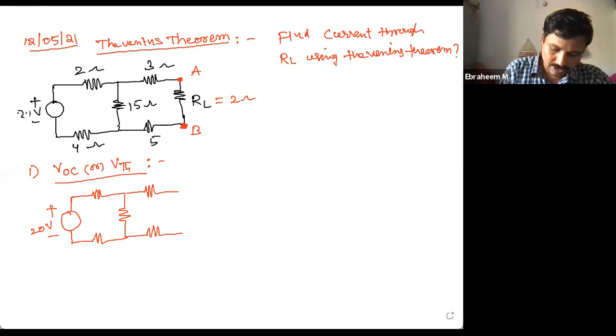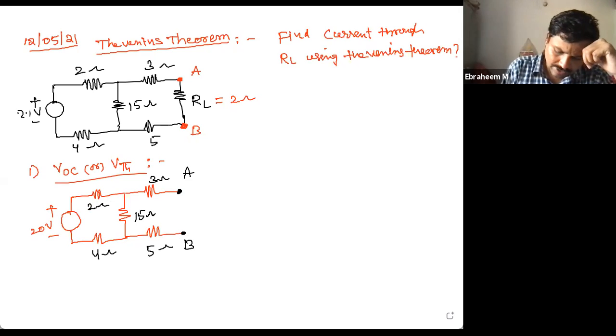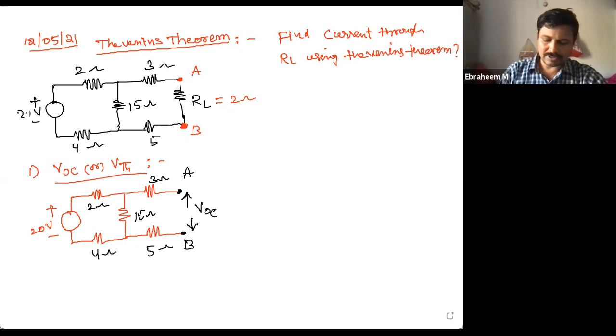So these are the terminals A and B, open circuited, right? So 2 ohms, 4 ohms, 15 ohms, 3 ohms, and 5 ohms. Okay. And what do we find out? So VOC or VTH. Right. So how do you find out VOC here?